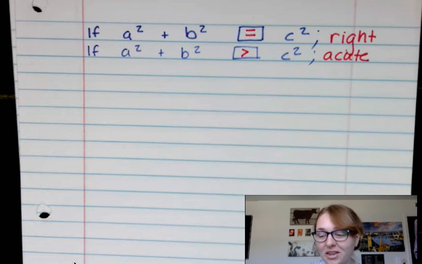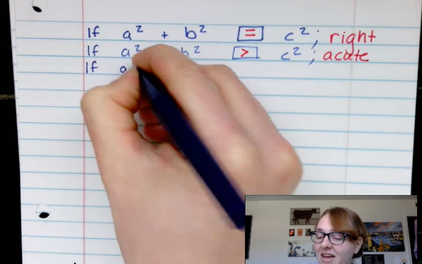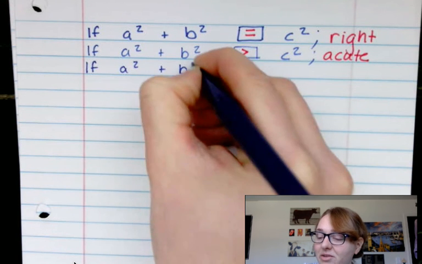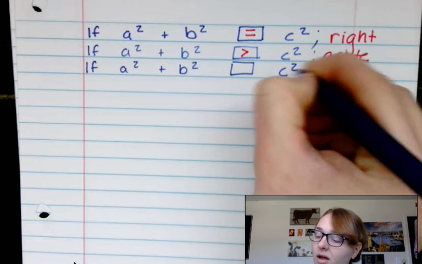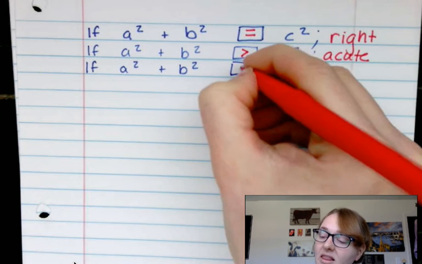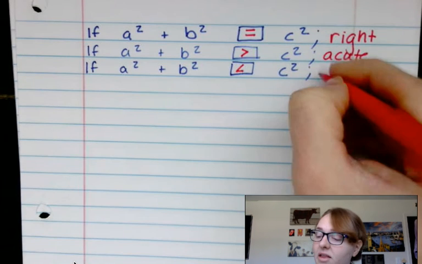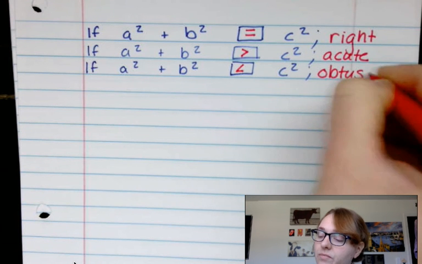And I'm sure we can guess what the third one is, but I'm going to go ahead and write it out. If a squared plus b squared is less than c squared, then our triangle is obtuse.